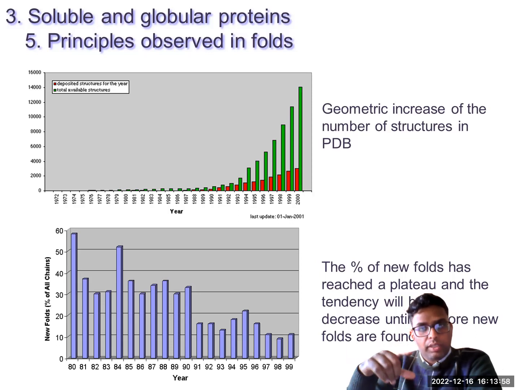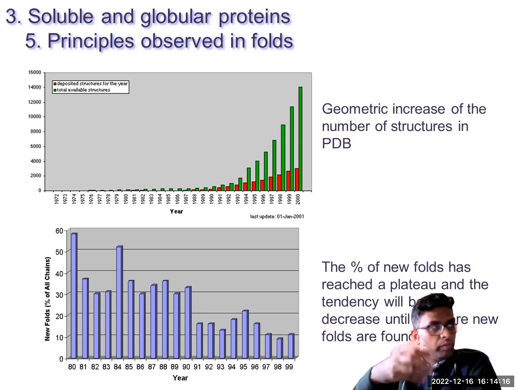Here in this PDB structure plot, the upper curve shows the number of structures increasing, because as the years increase, the number of structures increases. But in the lower one, there are new folds. Ultimately, as the years pass, the number of new folds decreases, because these folds were already shown previously.